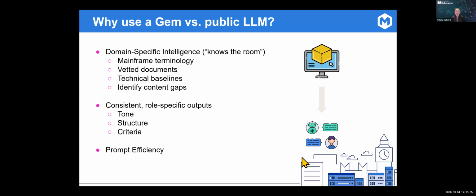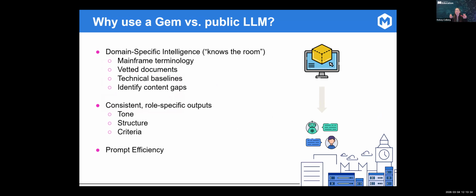So the one big question we did receive early on was, why even create a Gem? Why create this customized AI agent versus just using a public LLM? Someone could just ask their question of ChatGPT, so why bother going through all this work to create the Gem? Well, some of the big reasons are, one, because the Gem is customized, we can have domain specific information.